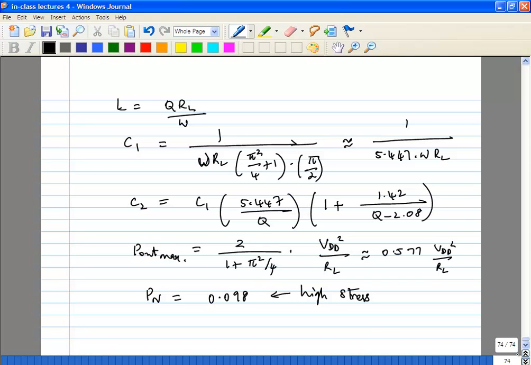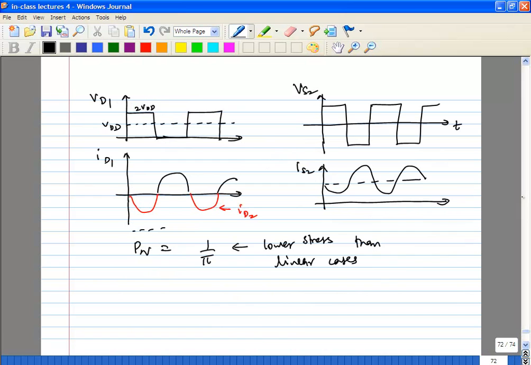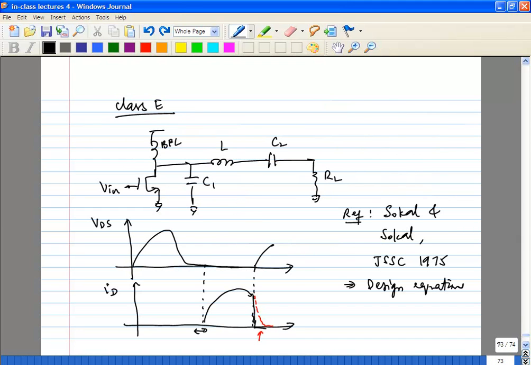And one more thing to remember, I forgot to mention. Because you are trying to sharply turn on and turn off these devices, your peak voltage and peak current are actually quite high because you have an inductor and a reactive network.